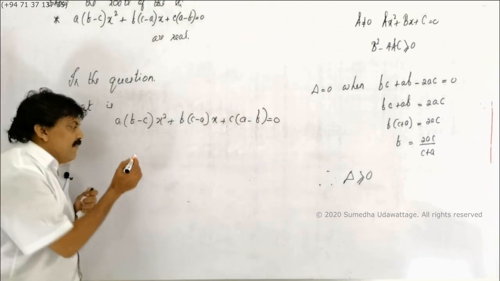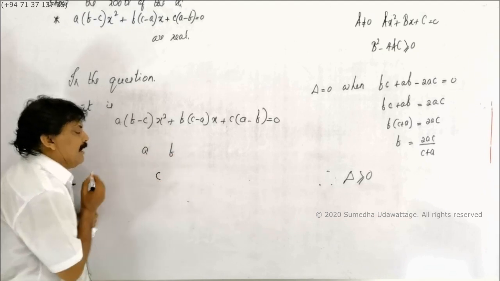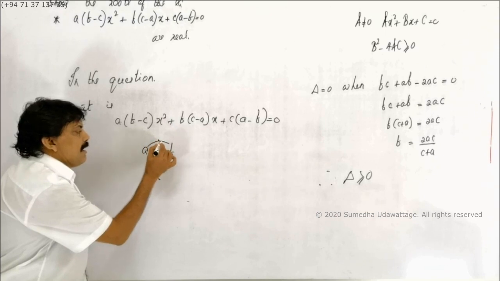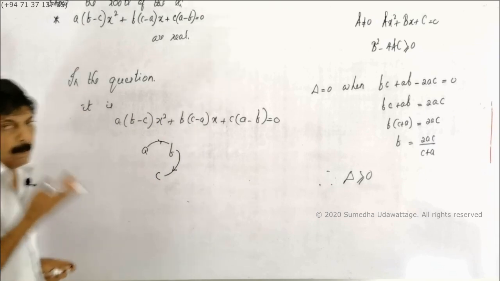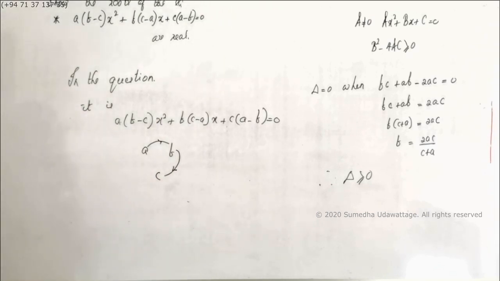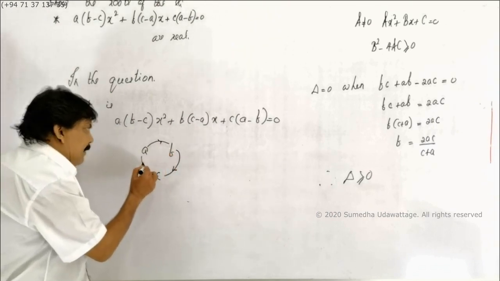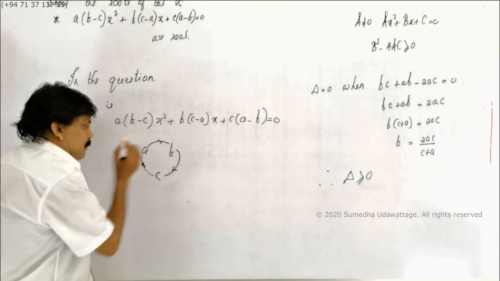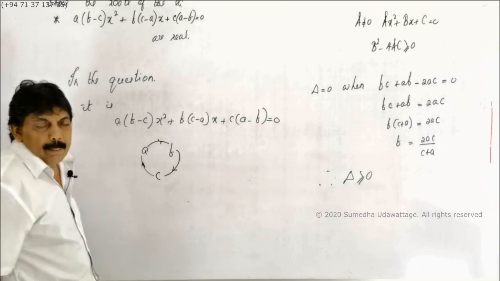Look carefully. The question comes in A, B, C. It starts from A: A times (B minus C) x square, then you get B times (C minus A) x, then you get C times (A minus B). The question was written starting from A.